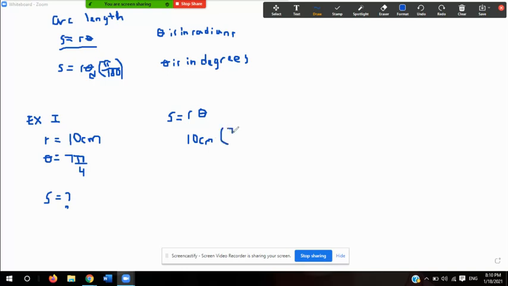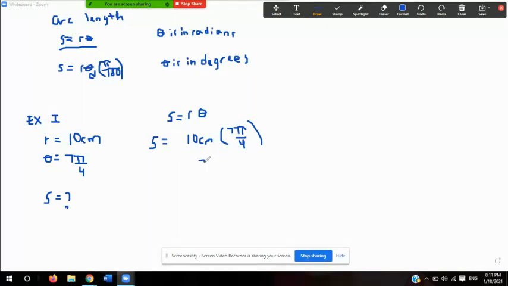So we're just going to multiply 10 times 7 pi over 4. We're going to leave the answer expressed because the problem is not asking us to give the answer in any particular way, such as to the nearest tenth.